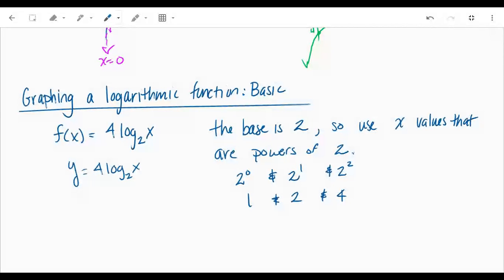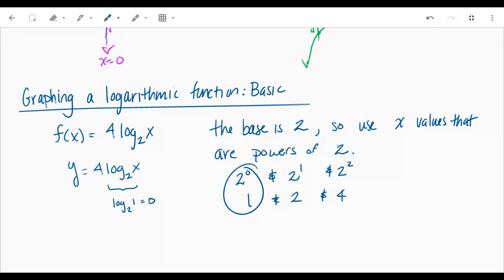Okay, the reason we can do that then, the log base 2 of 2, I'm sorry, I wanted to start with 1. Log base 2 of 1, right? 2 to what power is 1? Well, we chose it because it's 0.